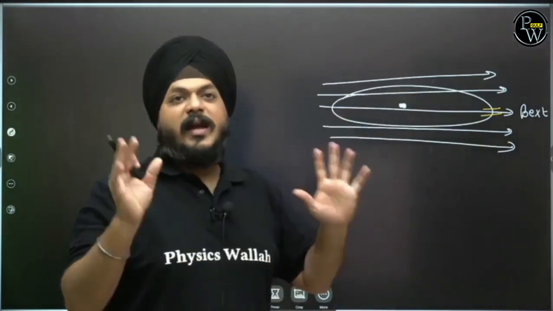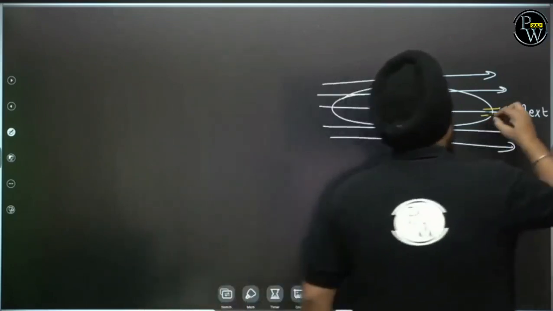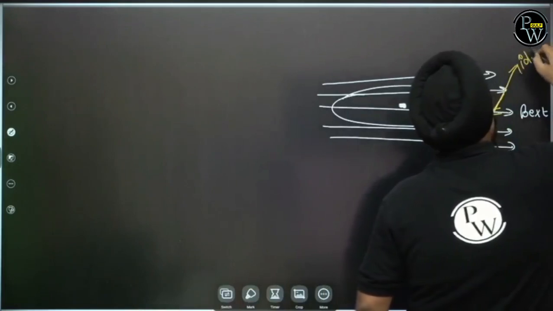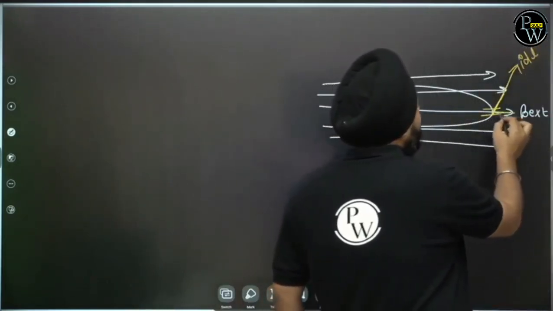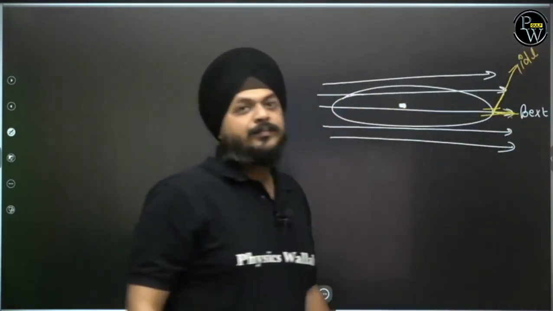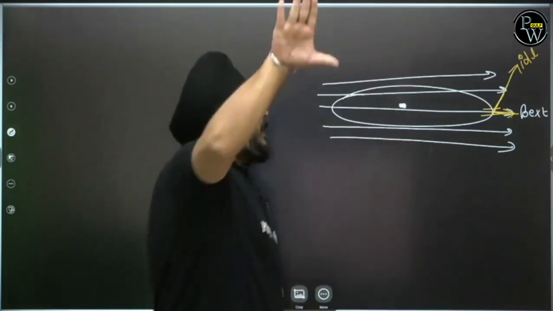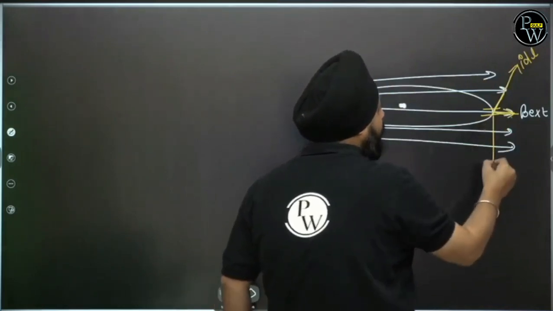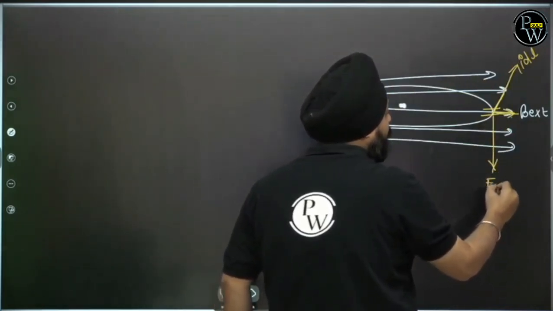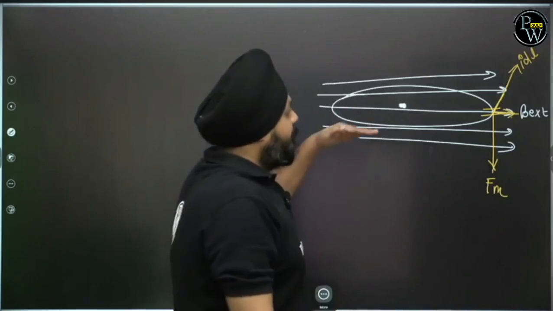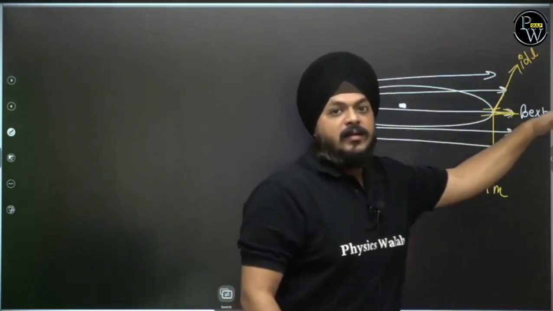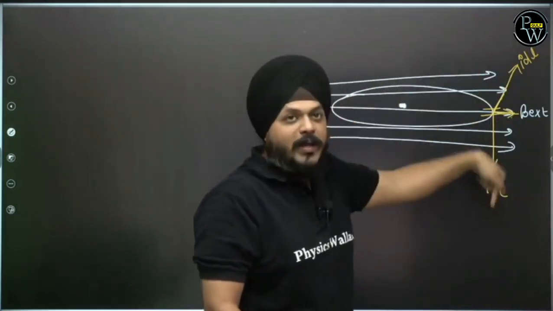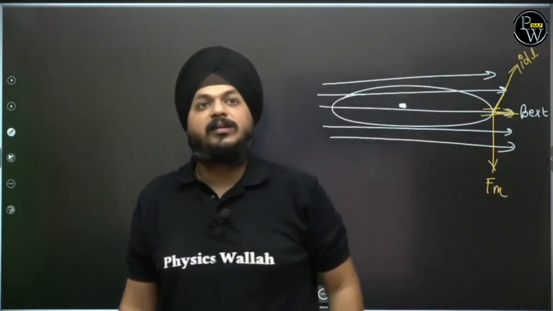For understanding purposes, suppose the current element is like this, and this is the direction of the magnetic field. If we keep the right hand along the current element and curl the fingers, the magnetic force comes in the downward direction on the loop. So the magnetic force on one side of the loop acts downwards.